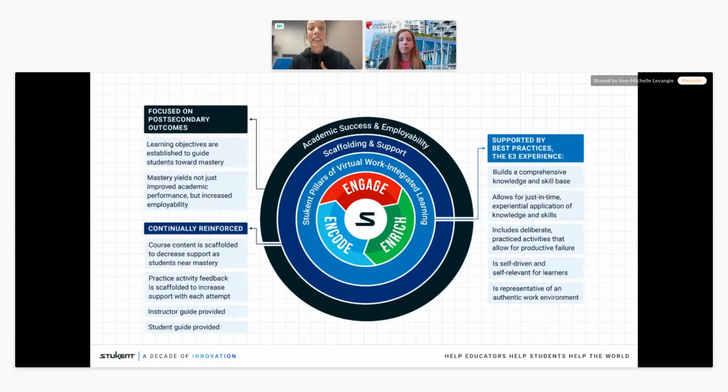So really eliminating that space and time between when they get to practice this, not waiting until they have a summer internship, not waiting until they're in the job, but really letting them apply it as soon as they learn it. And that should include deliberate, practiced, formative learning activities where they have the freedom to fail, learn from that failure with minimal consequences, and learn the importance of feedback.